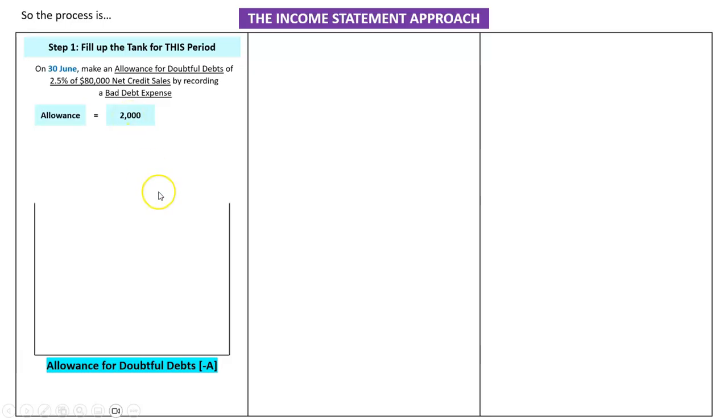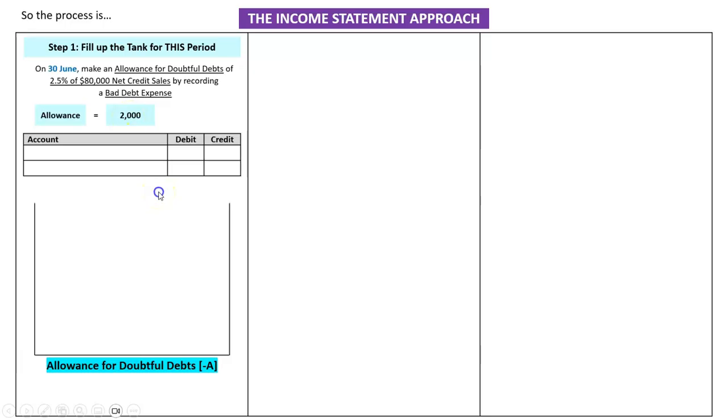So what we've learned is for step 1, we always, on balance day, debit the expense. We're going to create an expense called bad debts, and we're going to debit it $2,000. And then what we're doing is we're filling up this tank, this negative asset called allowance for doubtful debts, by $2,000. And what that does is it's a negative asset, so it goes up on the credit side.